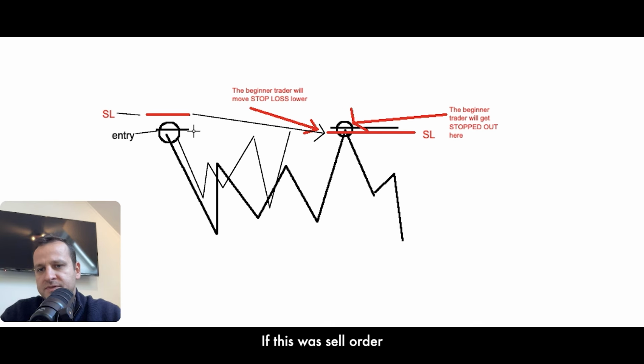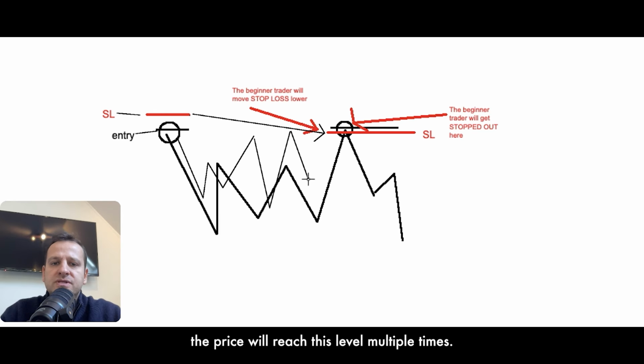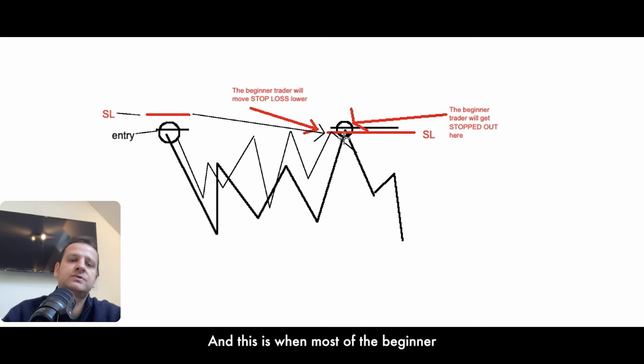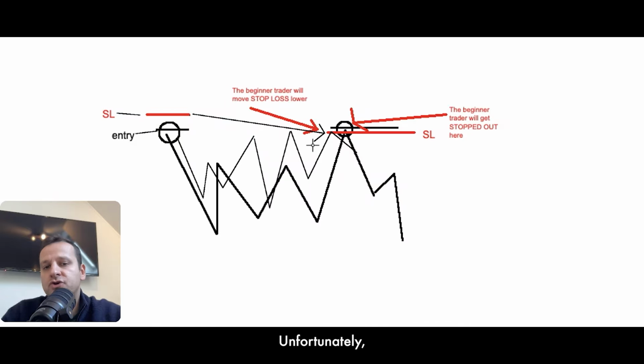If this was a sell order and this is a pivot level, the price will reach this level multiple times, and there will be a time when the price goes very close to your stop loss and even hits it, and this is when most beginner traders get stopped out. Unfortunately, I've seen this in practice more times than you can imagine. 90% of all beginner traders are making this mistake.